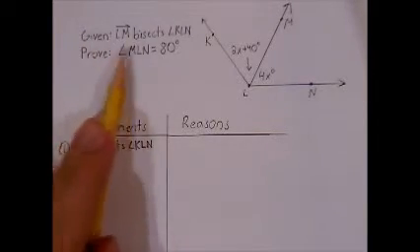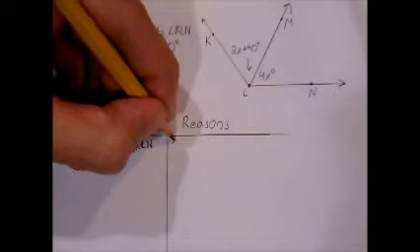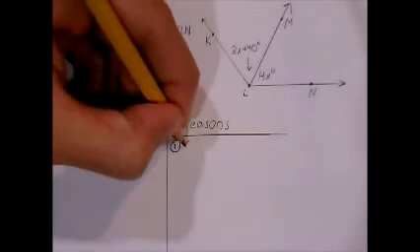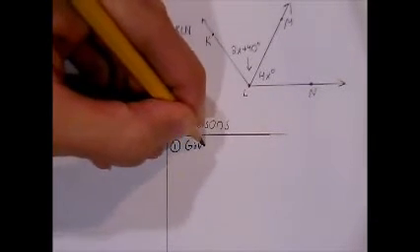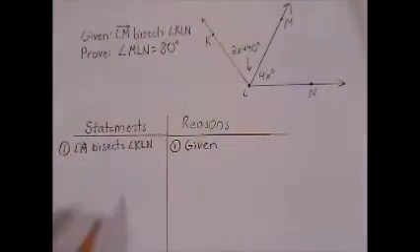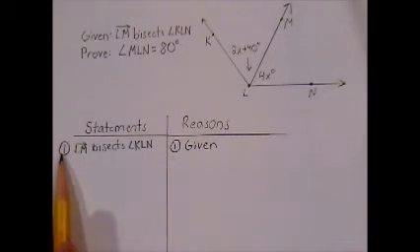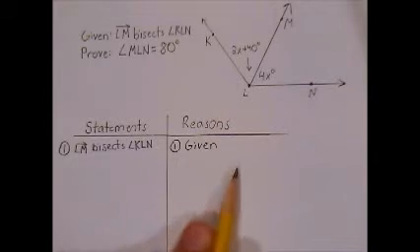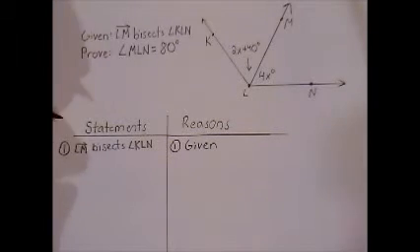It's told to us in the original problem. So our reason will be given. And when you complete these proofs, you always put the line number next to each part. So line 1 is this whole thing here. Alright, now let's move on to the next part.